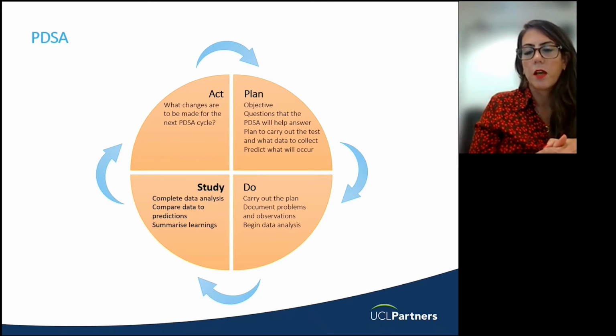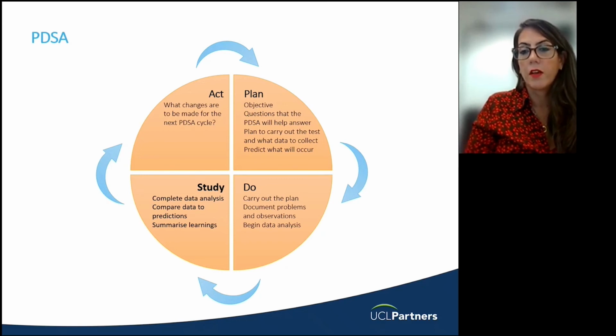So we would plan to roll that out in a small area, for example, one small part of our service. We would then have a look at whether that had actually made a difference through charting the number of referrals that had happened at the beginning, and then over time we would study any issues and check back against our predictions, and then we would make some changes.